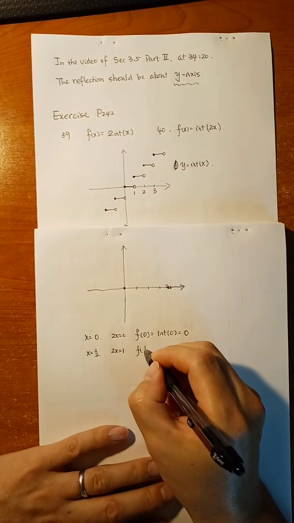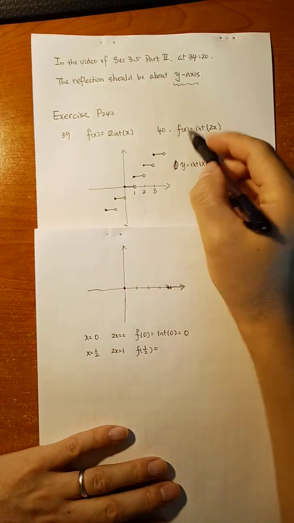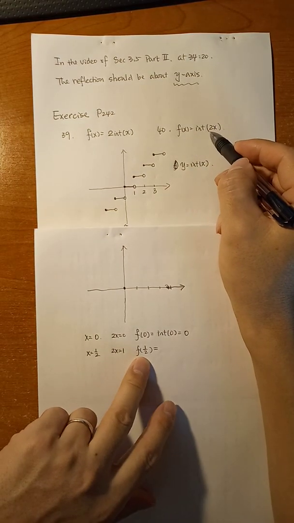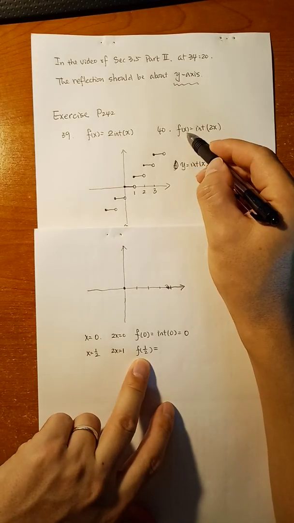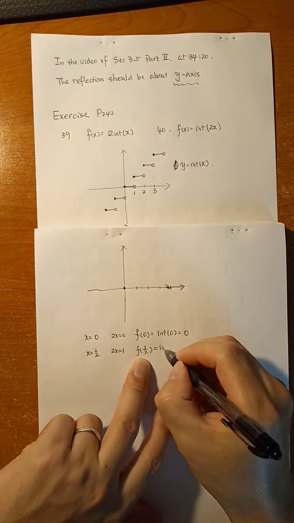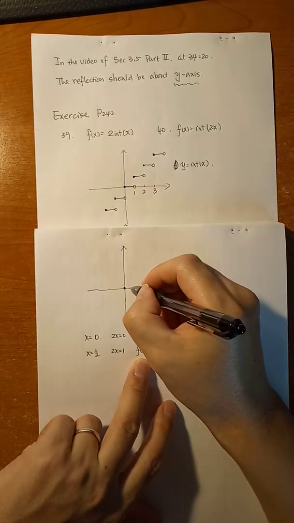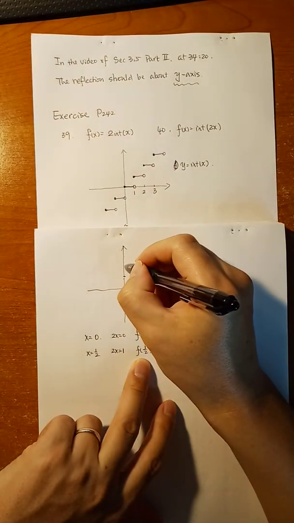So you're looking for 1/2. f(x) is the integer part of 2x, so this f is evaluated at 1/2. It is 1. So at 1/2, it becomes 1.